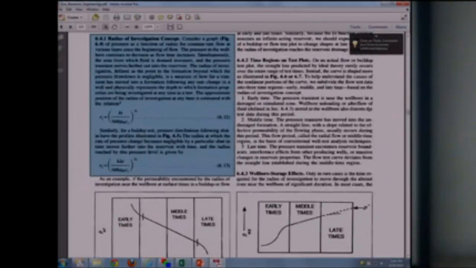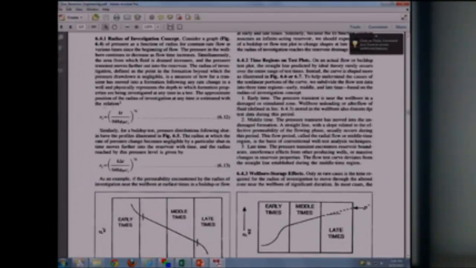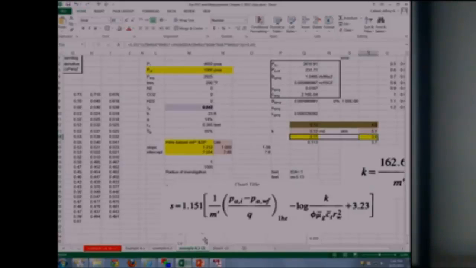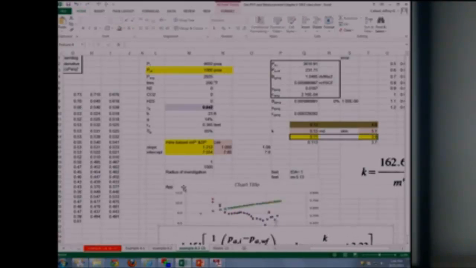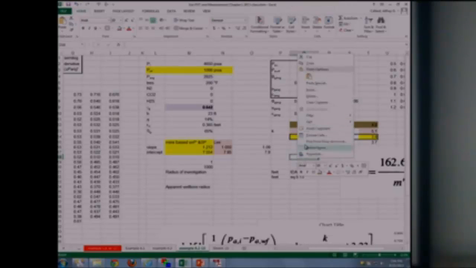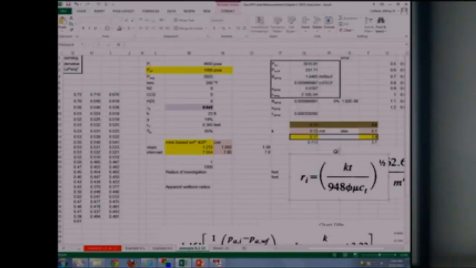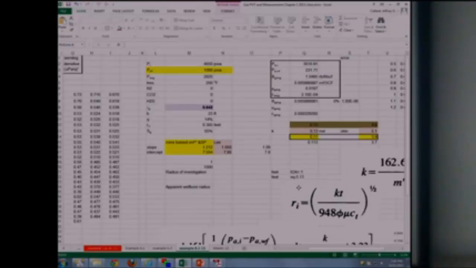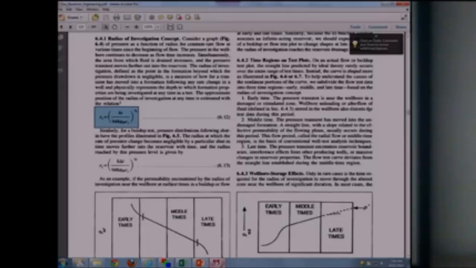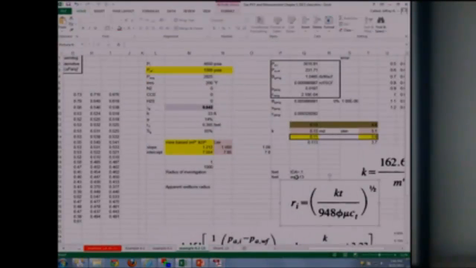So you grab it from here, and I set up your template to do this. Okay, hopefully that is equation 6.13. It's a drawdown, so it's actually 6.12.